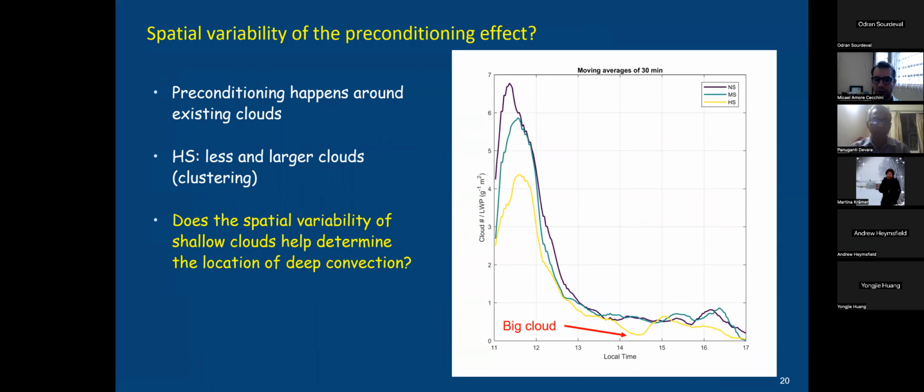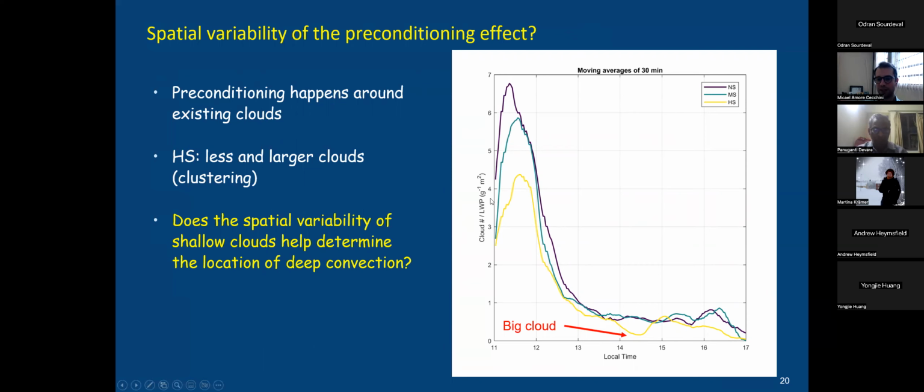What I calculated was the number of clouds in each time step divided by the average liquid water path of that cloud field. So this tells me, for the same amount of water overall in the domain, how many clouds are there.